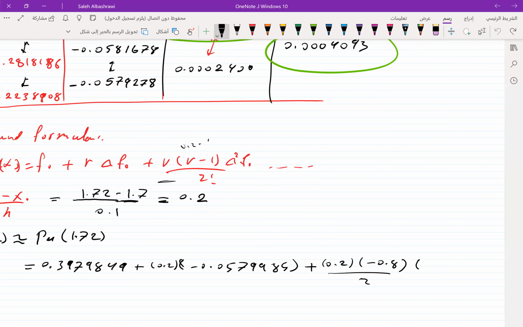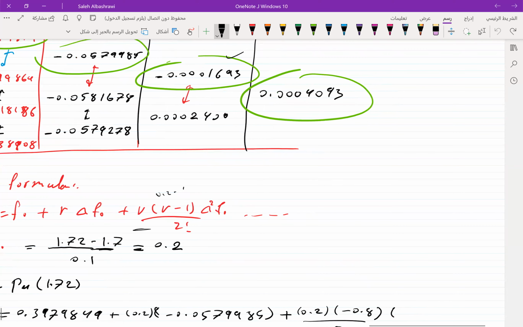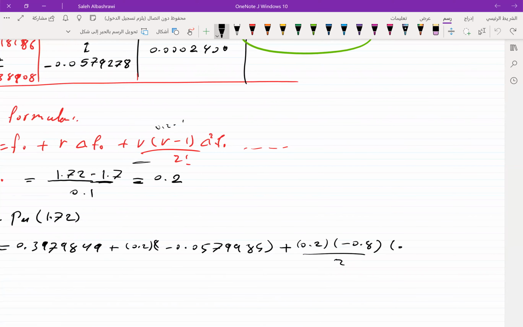That is this one, is equal to minus 0.001693.